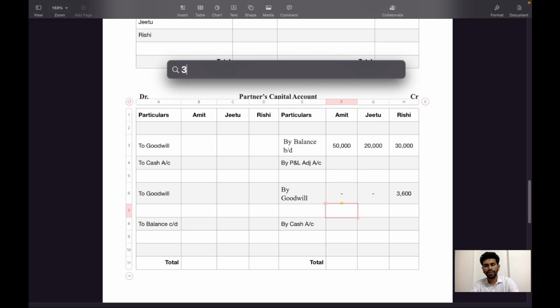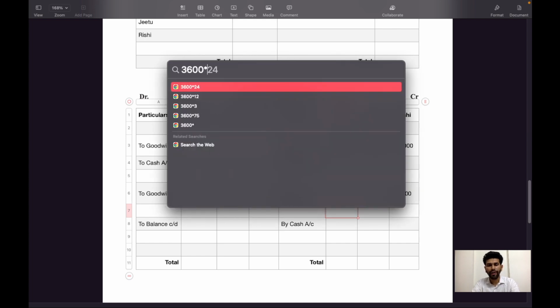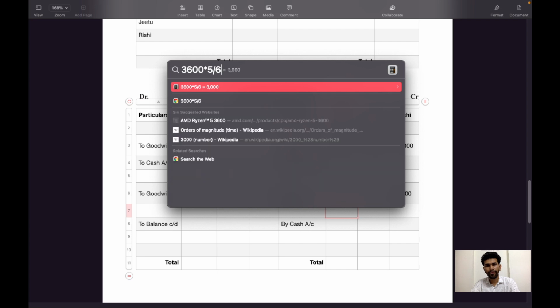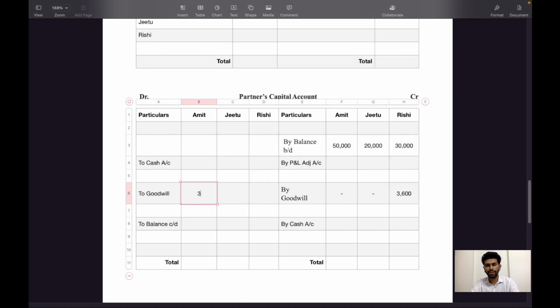So 3,600 into 5 divided by 6, 3,000 rupees will be recorded in Amit column, and 600 rupees balancing figure will come in Jitu column. So goodwill is raised up to the share of retiring partner.